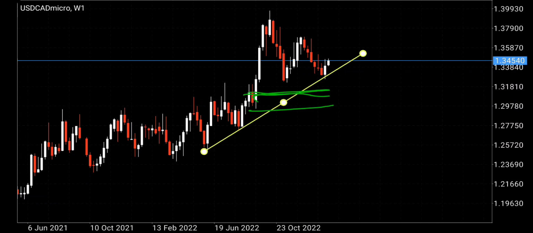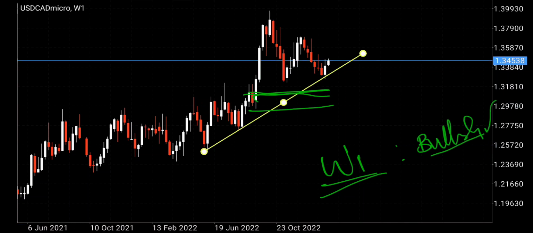Because we are still bullish, in the previous analysis that we had on this USDCAD, the conclusion was that we are most likely to bounce and go up, because weekly, I want you to pay attention, weekly is bullish. Which means we can take those buy trades from that support, from that bullish trend line. In this case, the price touched the bullish trend line.